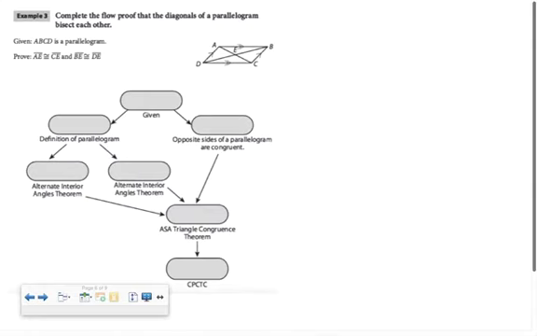So we're trying to prove that AE is congruent to CE, so that's those two segments. We want to prove that BE is congruent to DE, and what I want you to notice is the two triangles that I can show are congruent that would eventually lead me to say that those segments are congruent. I know that AD is congruent to BC because they're opposite sides of a parallelogram.